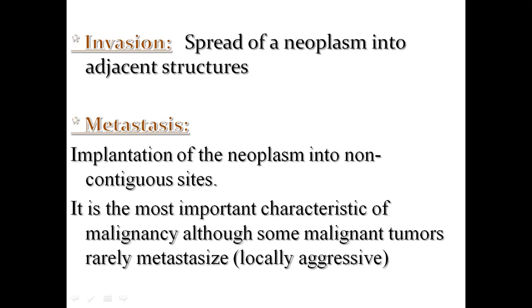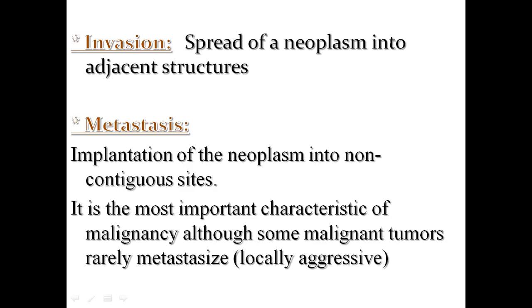Another term, metastasis. What is meant by metastasis? Metastasis is when a tumor or a neoplasm sends some of its cells away into another organ or another non-nearby site, okay?